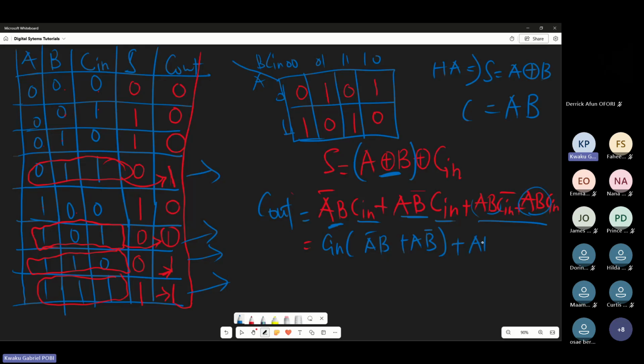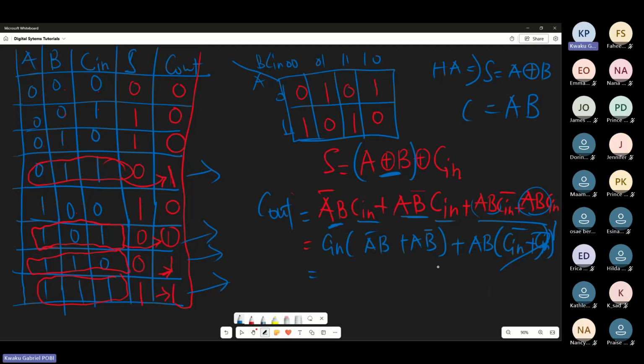So we can take AB out and then factor in C in bar or C in, right? Now, when you have C in bar plus C in, it means you have 1 bar plus 1, which gives us a 1. So this goes to 1, and then we'll be left with just AB, right? So this part becomes AB.